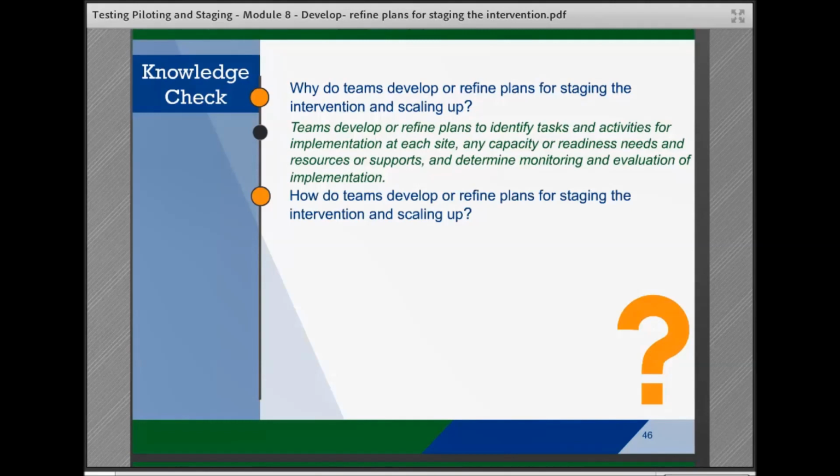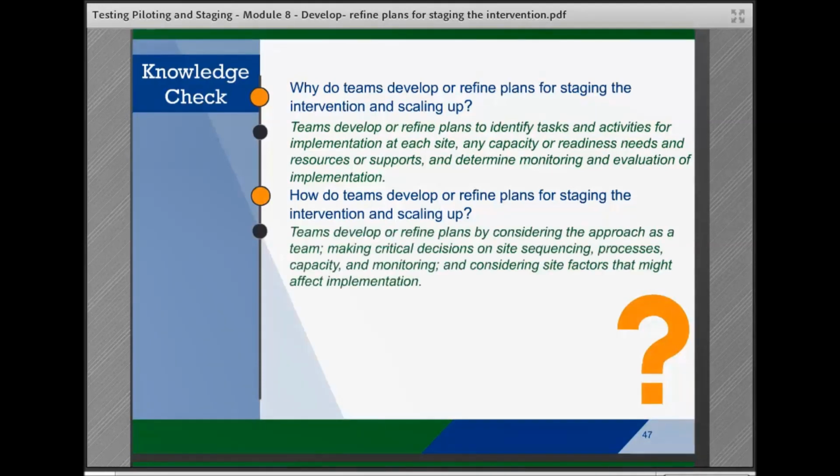How do teams develop or refine plans for staging the intervention and scaling up? Considering the approach as a team, making critical decisions on site sequencing, processes, capacity, and monitoring, and then considering site factors that might affect implementation.